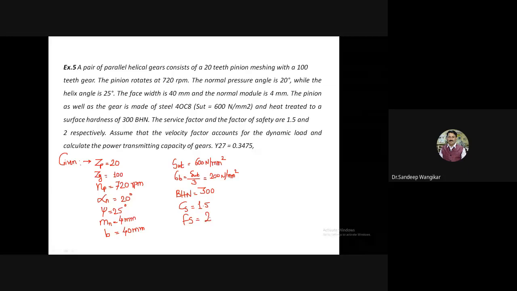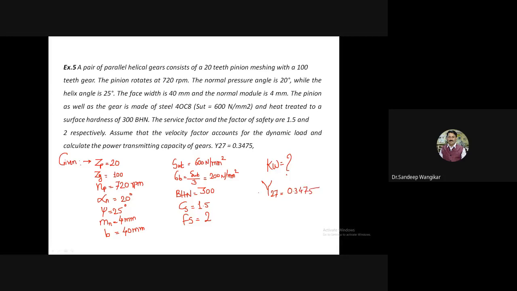Assume the velocity factor accounts for the dynamic load. We have to use P effective is equal to CS PT by CV. Calculate the power transmitting capacity for the gear. So we have to calculate the kilowatt, and Y for 27 number of teeth is given as 0.3475.